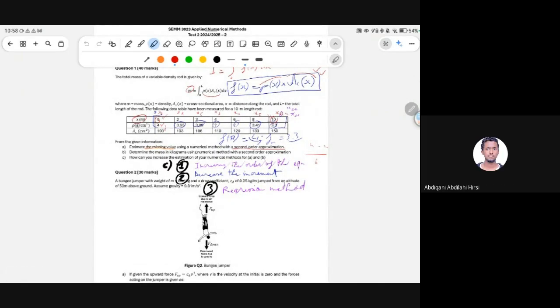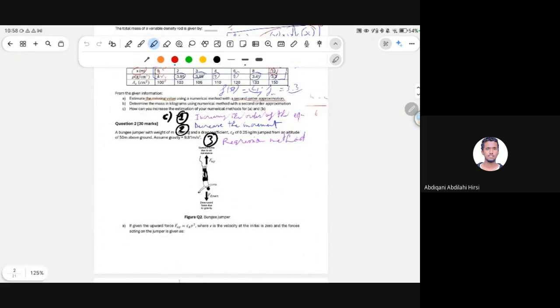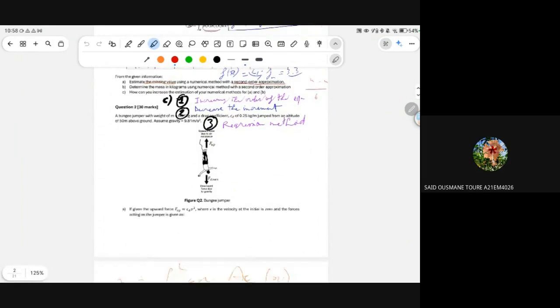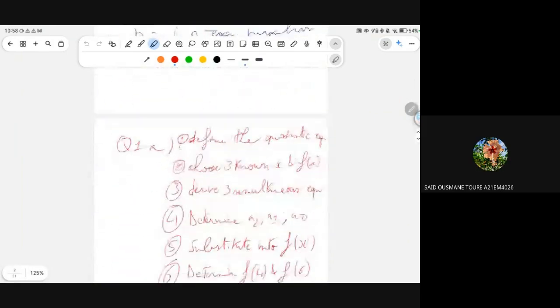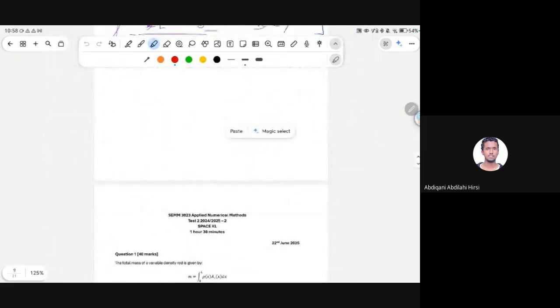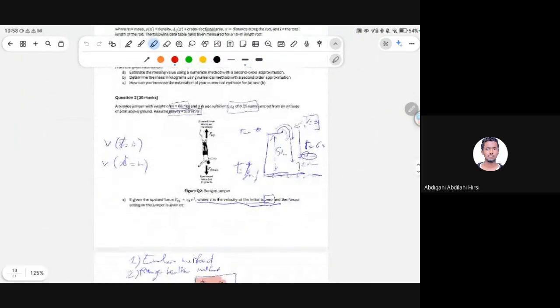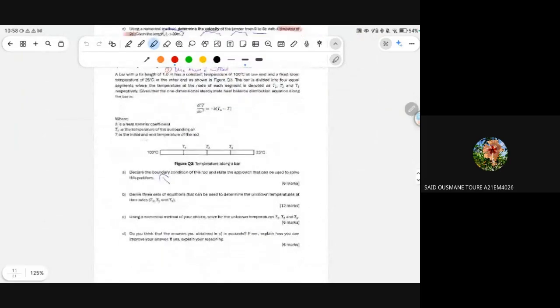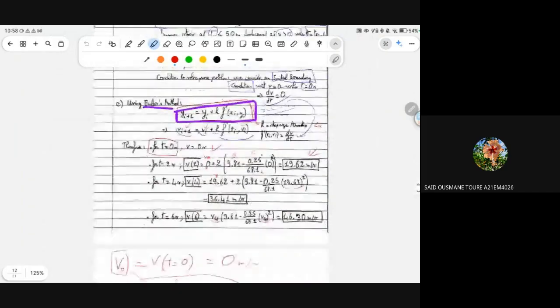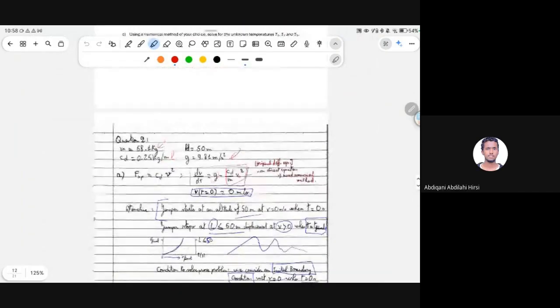I want to mention one last thing. For the BVP, I heard some rumors that there will be beam deflection. Beam deflection is the same. Are you going to use the shooting method or the other one? I always advise you to use the other one. Shooting is not really going to help you. You have all the information you need.